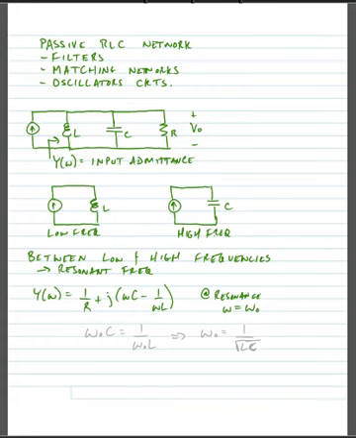This is the frequency where the admittance of the capacitance is equal to the admittance of the inductance, and so they cancel each other out. And all that we're left with is the resistive term. So we can say that omega naught C is equal to 1 over omega naught L, and this leads to our resonant frequency being calculated as 1 over the square root of the product of the inductance and capacitance.